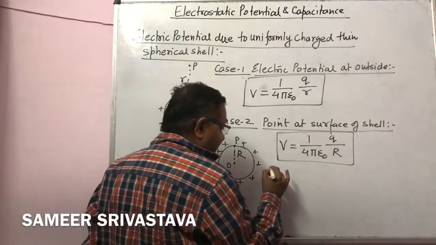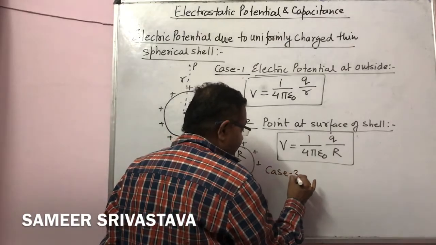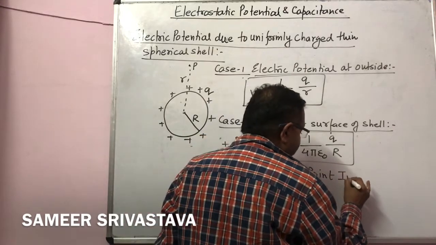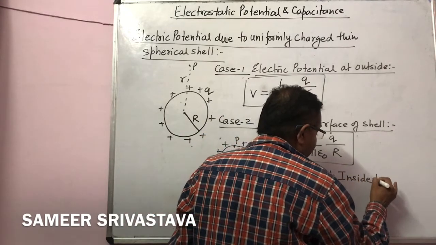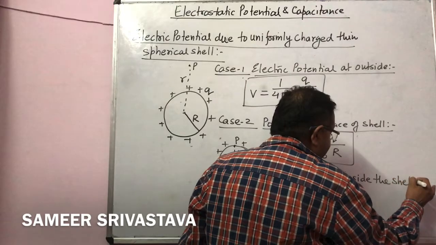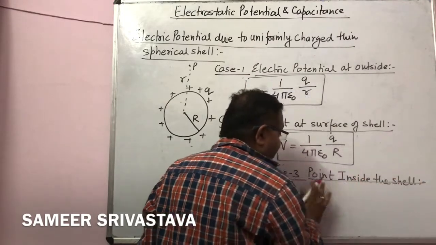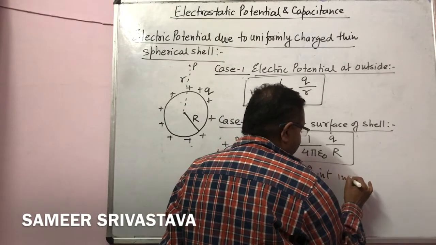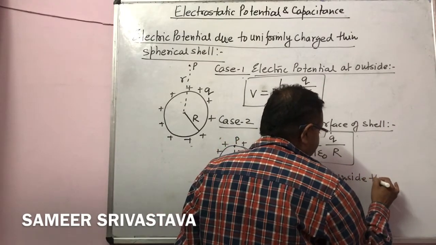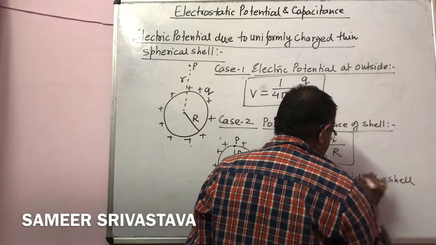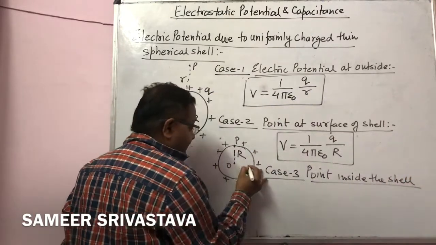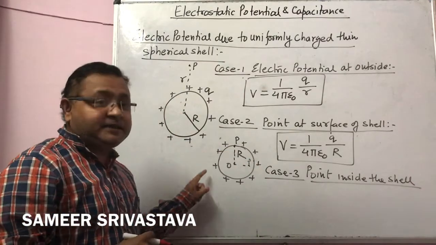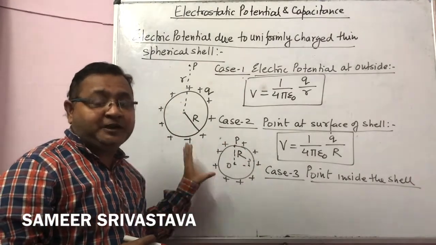Now for case 3, point inside the shell. Here the point is inside the shell. Now this charge is uniformly distributed.